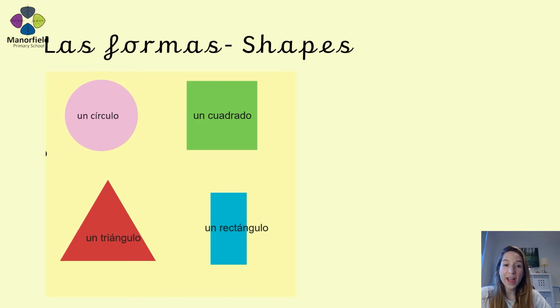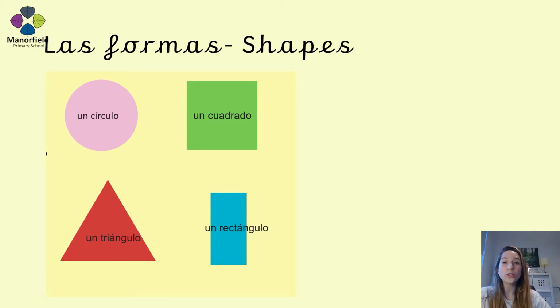We have a red triangle, and we say in Spanish un triángulo. And finally, we have a rectangle. To say rectangle in Spanish, we say un rectángulo.